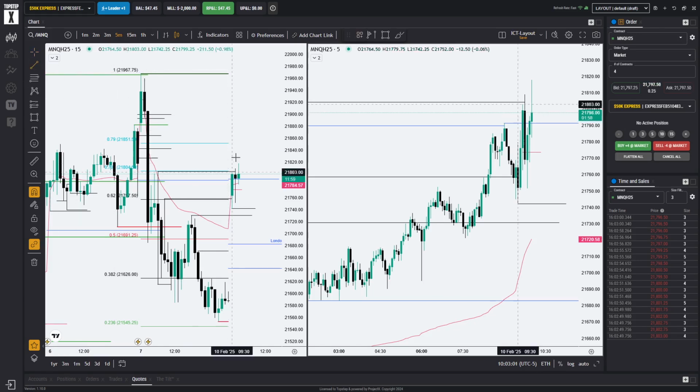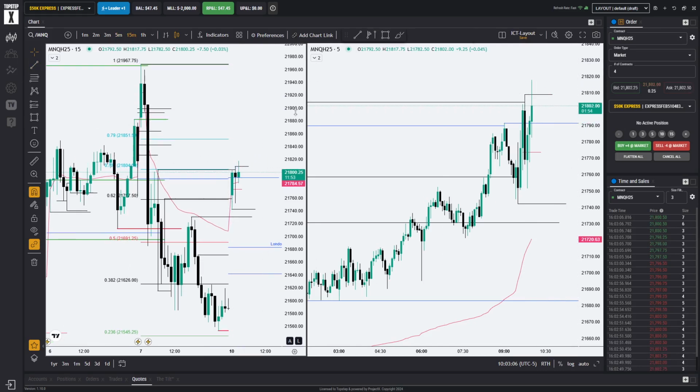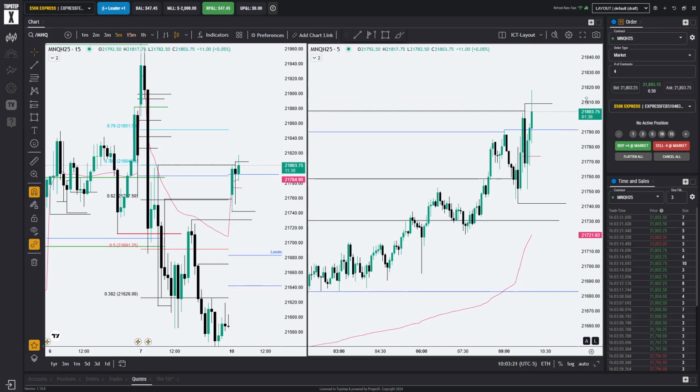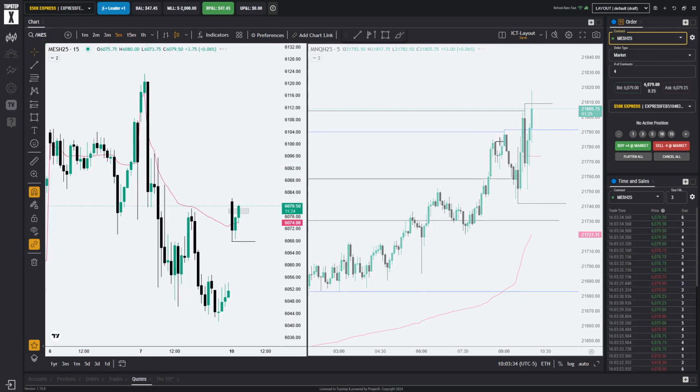We have sold into 10 o'clock. That's 10 o'clock. The problem is that ES is trying to push higher. So no shorts.